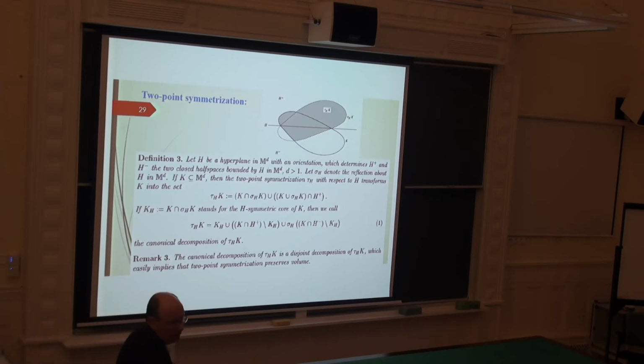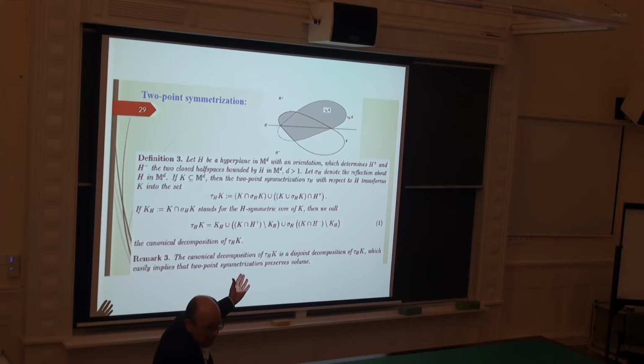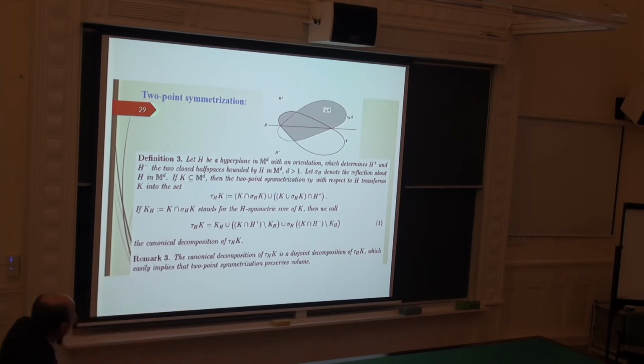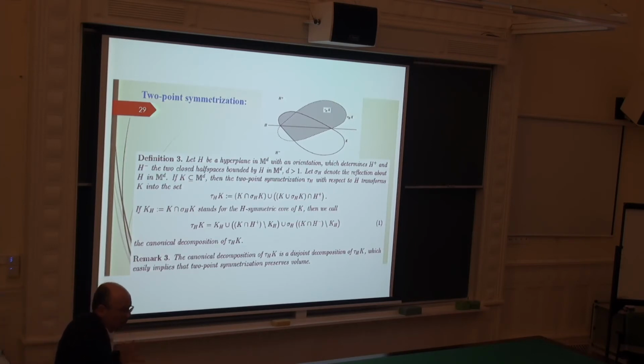You know, it doesn't look more symmetric than it was. Still, this is a name that is used in the literature, two-point symmetrization. Often it is also called polarization. Other names are also used.